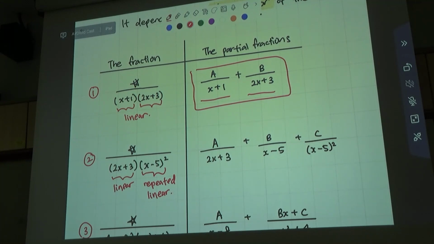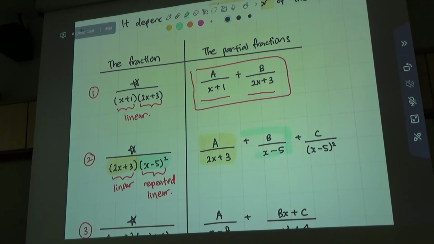Okay? So what if our denominator were to be this way? With the 2x plus 3 denominator, it causes us to be able to get a fraction that looks like this. Then after that, if I have a repeated linear, it actually generates for us two fractions.